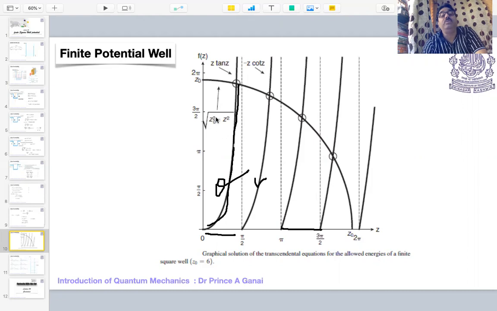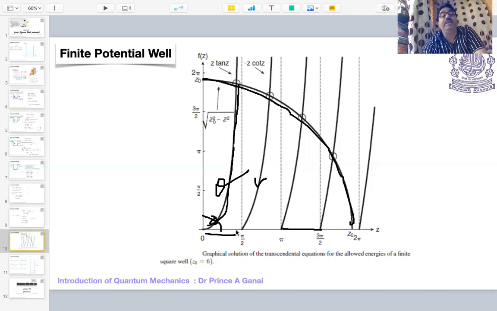Since the values are restricted to the positive only, the curve will be obtained only in the first quadrant. So we restrict our Z naught. Z naught is the radius, and the points at which it cuts these curves represent the energy levels. Now you can see that even if your Z naught is very, very small, as small as possible, it will still cut the curve at one point.